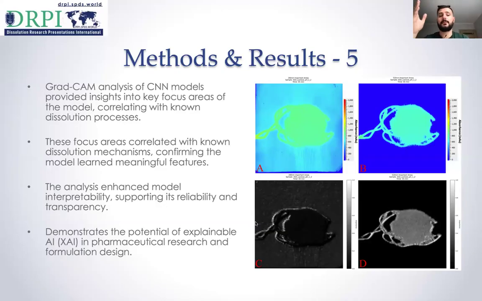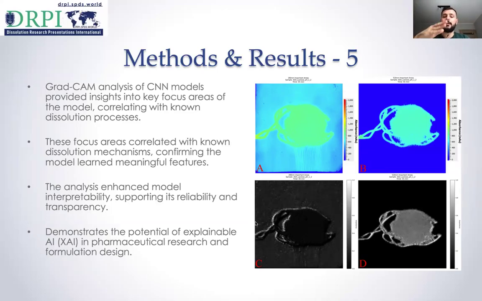Also, I need to talk about Grad-CAM, which is an amazing tool. The Grad-CAM analysis provided visual insight into the convolutional neural network's decision-making process. As we can see in figure C at 280 nanometers, the model is focused on the surrounding medium, indicating sensitivity to the API concentration.